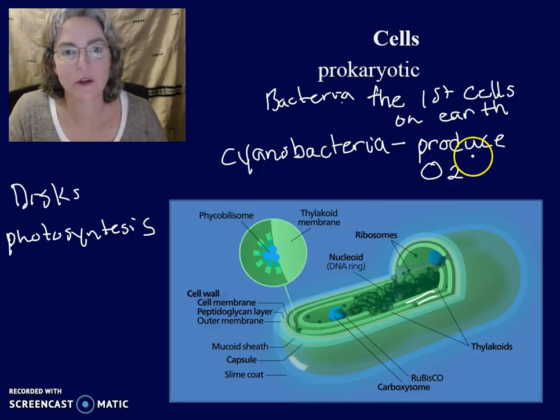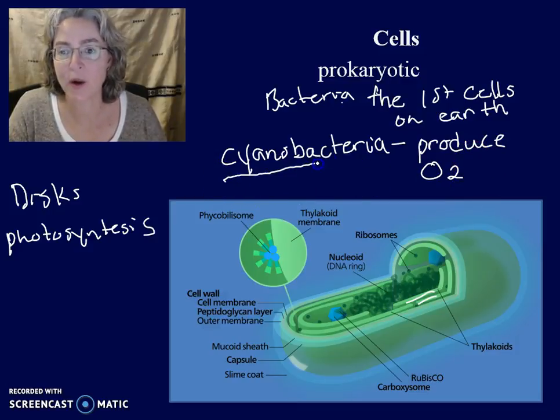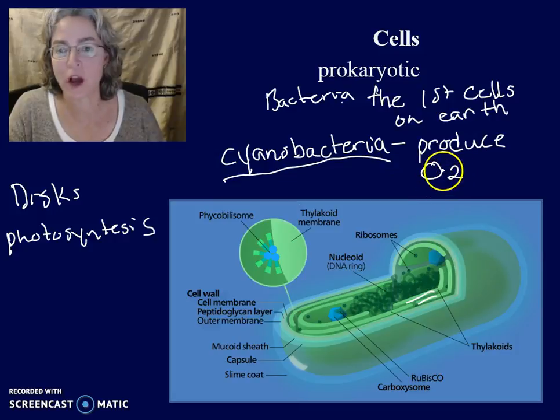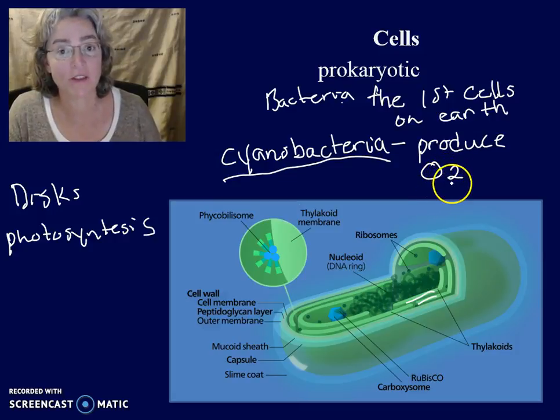So eukaryotes are here because the cyanobacteria produced the first oxygen that oxygenated our atmosphere.